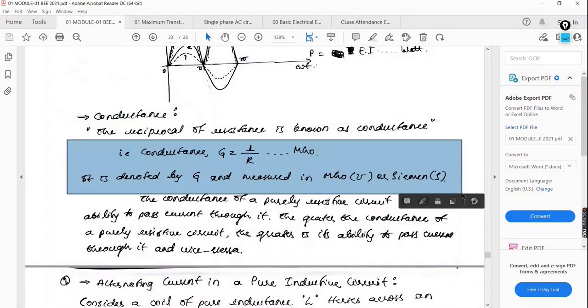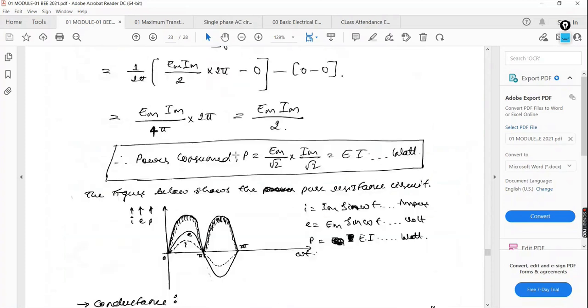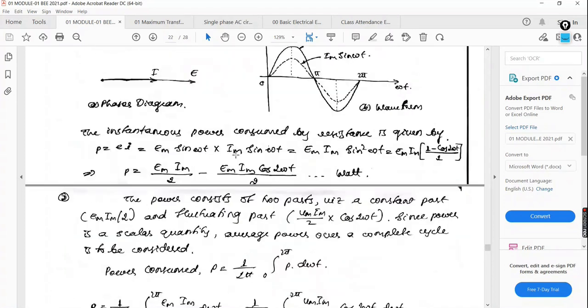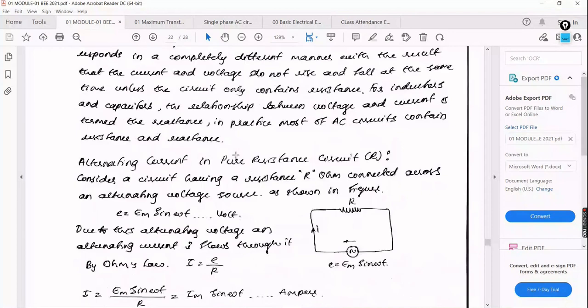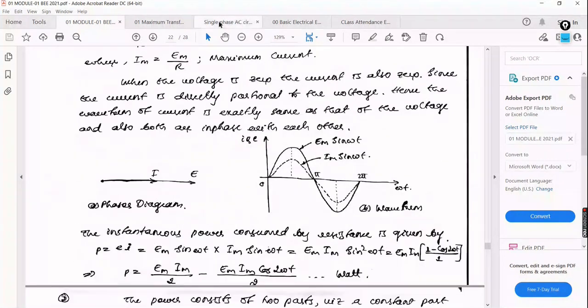G is the conductance, measured in mho or Siemens. Okay, this is with respect to pure resistance.